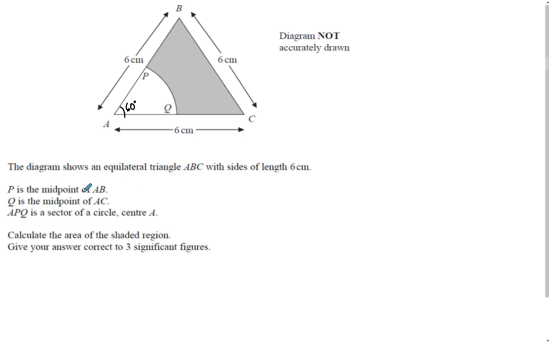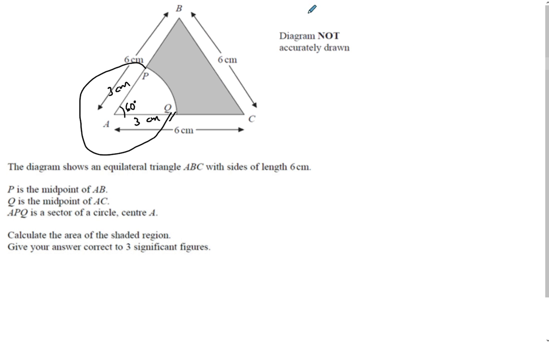P is the midpoint of AB, so you know that is 3 centimeters. Q is the midpoint of AC, so that's 3 centimeters. And APQ is a sector of a circle, so it's a fraction of a circle. Calculate the area of the shaded region.